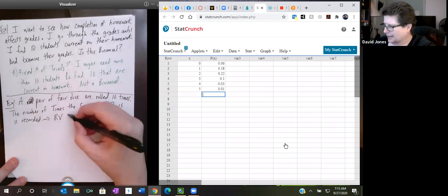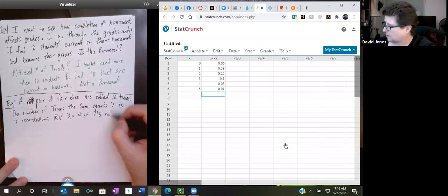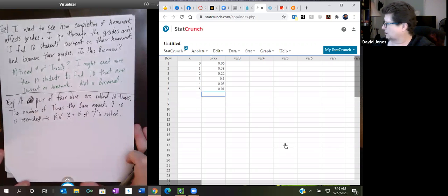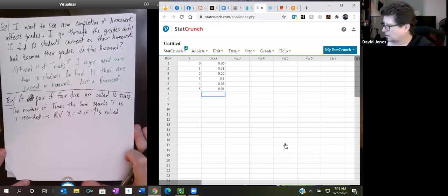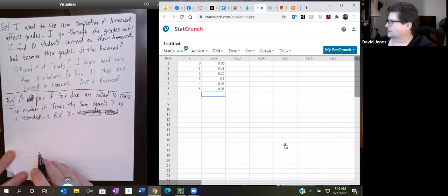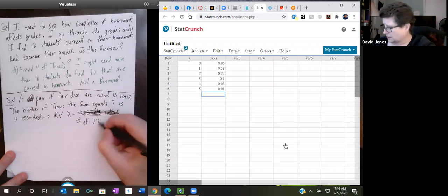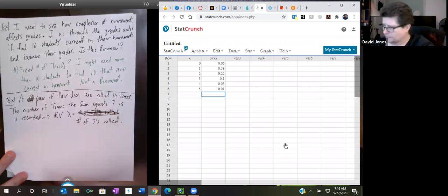Random variable x is number of 7s rolled. Nope, sorry. Yeah, x is the number of 7s rolled. Is this binomial?